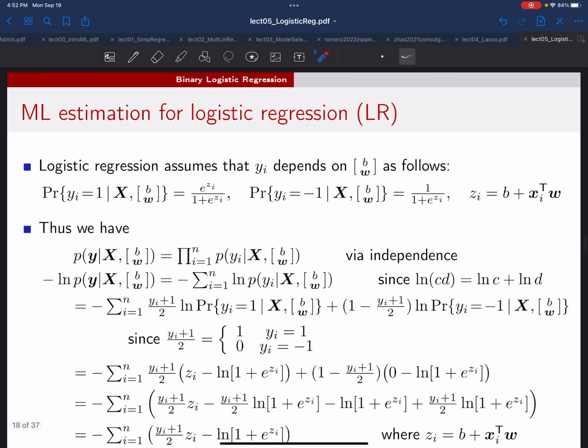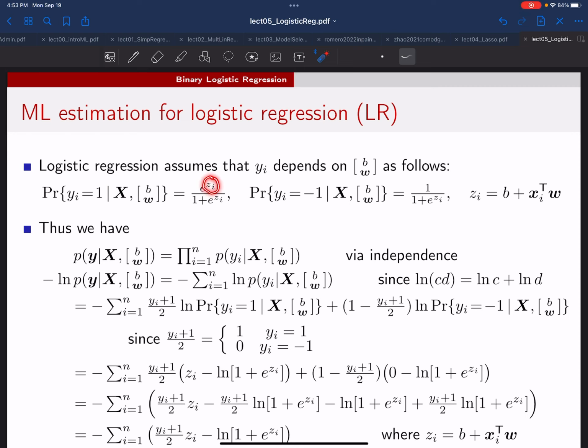for maximum likelihood estimation for what's called logistic regression, which is this approach where we use linear regression and we add that sigmoidal conditional probability. So let's just remember what we have. This is one of our models: the probability that the ith training label equals 1, given our training features and our parameters, takes this form.